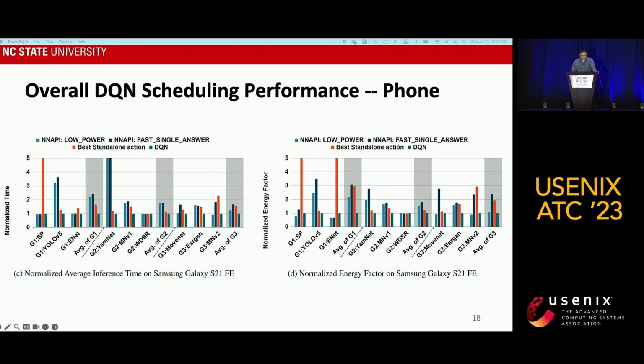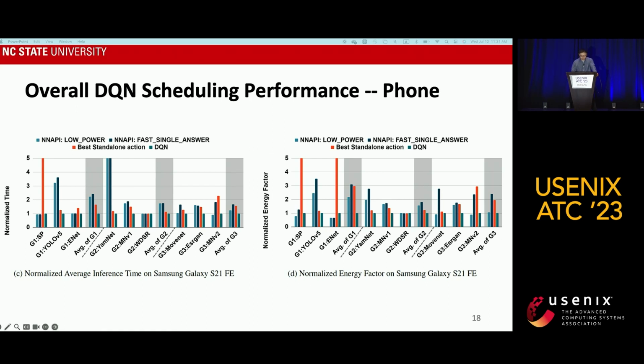Actually, the best comparison would be the Oracle result, which tests all the combinations of all the settings and DNNs. However, we regard finding the Oracle result as an NP-hard problem, so we do not do that. Instead, we use some static settings or simple profiling methods as our comparison.